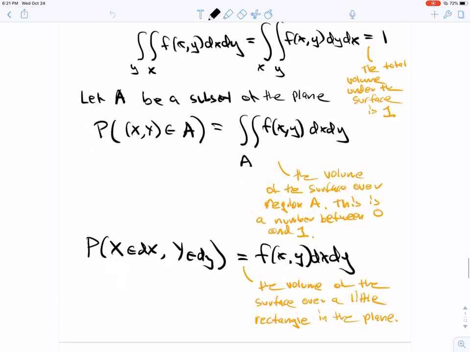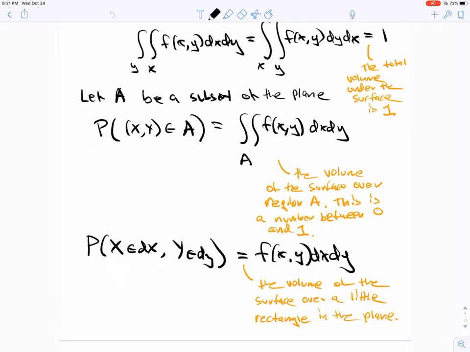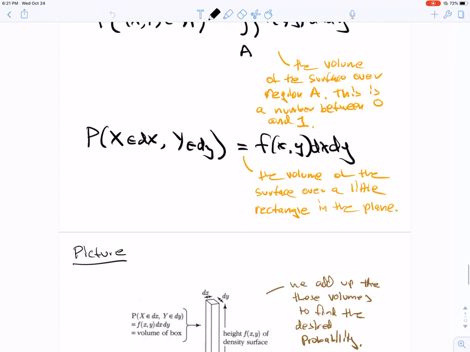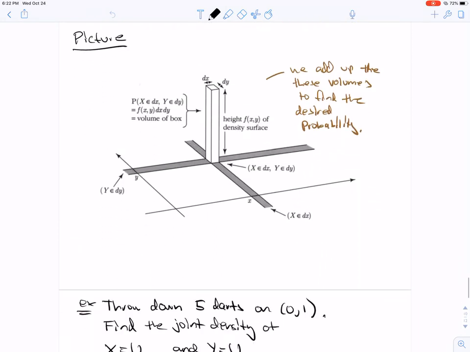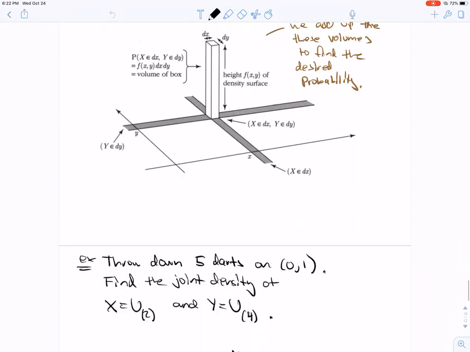If A is a subset of the plane, then the probability that you're in A is the integral of the surface over A. And the probability that x is in dx and y is in dy is the volume of the surface over this little rectangle dx dy. So here's a picture of that.